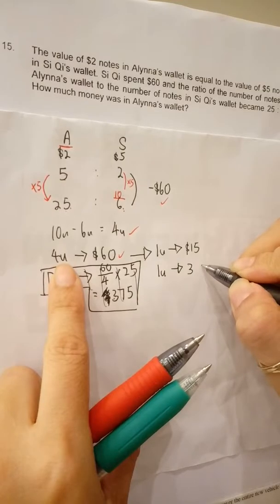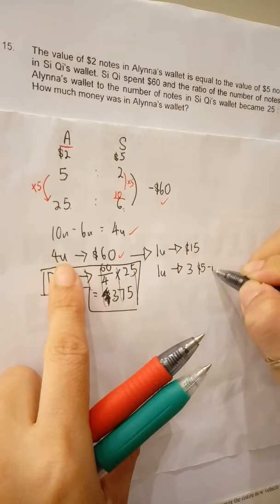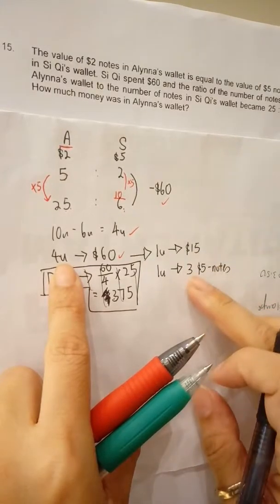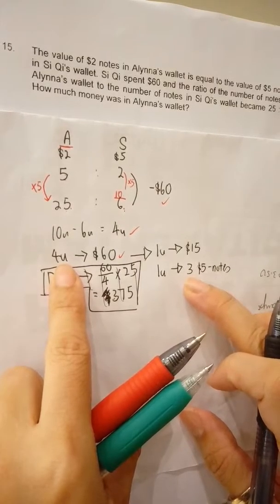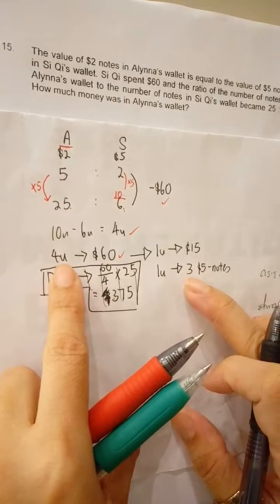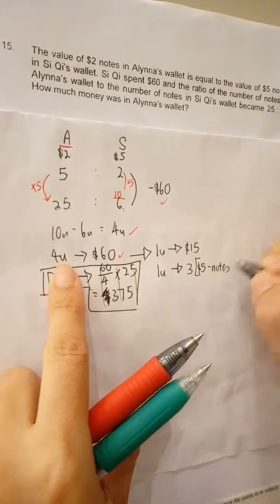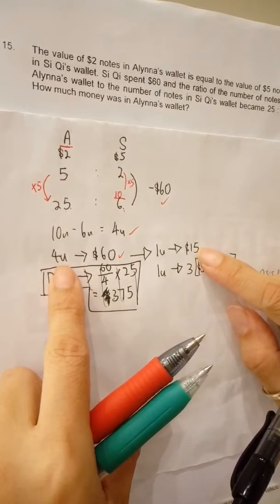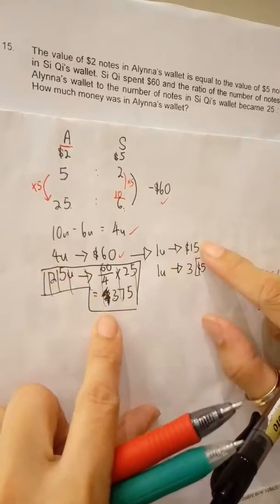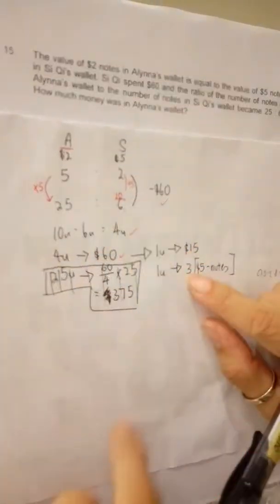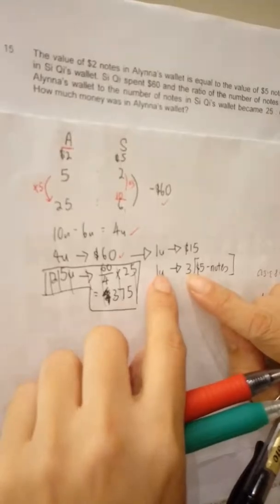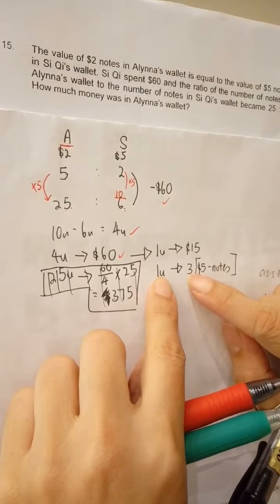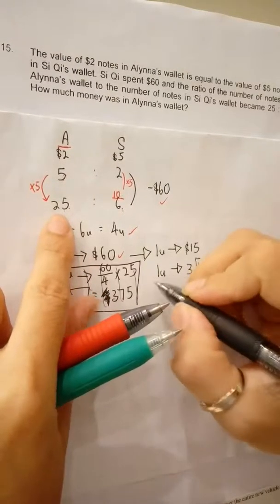So 1 unit is actually 3 $5 notes. 3 pieces of notes, right? $15 is the value, but then $15 means there's 3 pieces of $5 notes. So if 1 unit is 3 pieces of notes, then you can come back here.